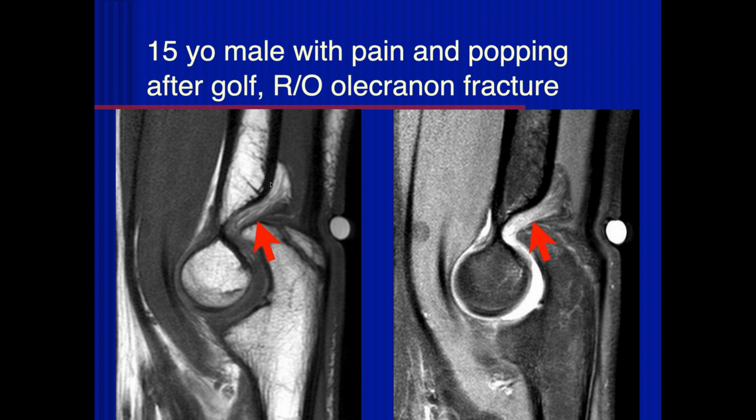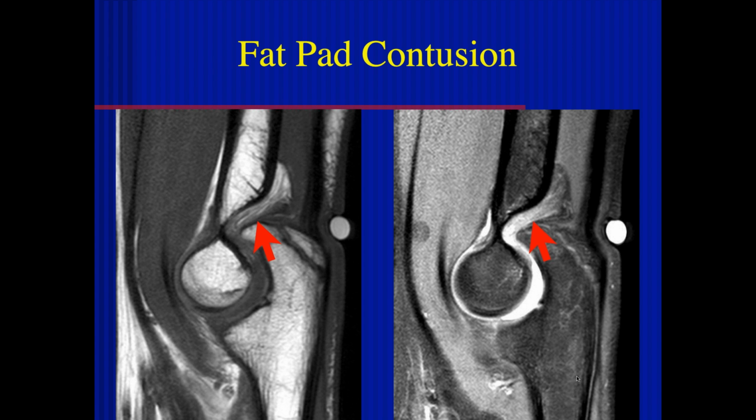Gosh. I mean, it does look like there is an effusion and there's some synovial thickening. So this is fat signal here, right? Yes. And then we have what looks like maybe some edema, and this is a fat pad contusion. Okay. From overuse and forceful hyperextension in that area.